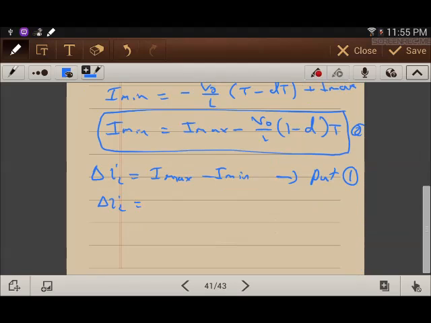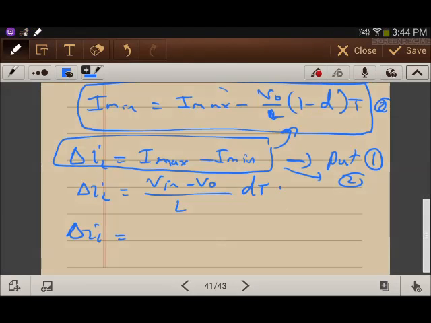So I min will cancel with I min, so I will be left with V in minus V out over L dt. Delta IL is also equal to V out over L, 1 minus d, multiplied by t.